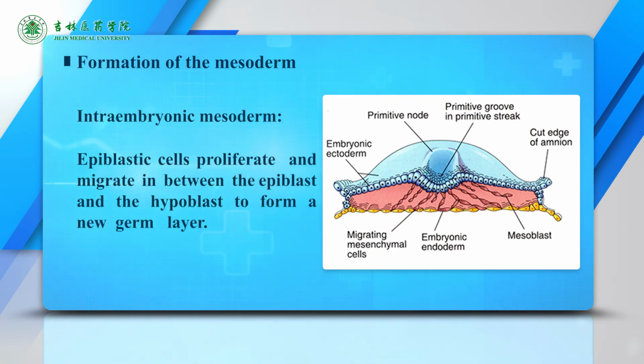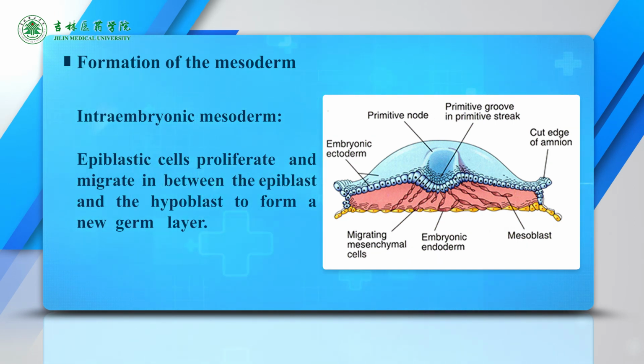It connects with the extraembryonic mesoderm at the edge of the embryonic disc. Another part of the cells enter the hypoblast and gradually replace all the cells in the hypoblast, forming a new layer of cells called endoderm. After the appearance of endoderm and mesoderm, the epiblast is called ectoderm.